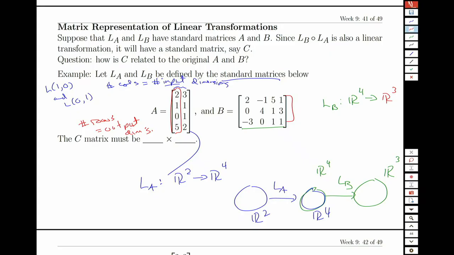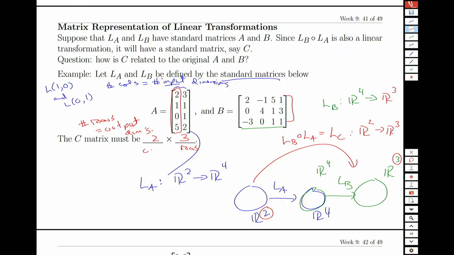However, I can then see what the matrix of LB following LA is, which we're going to call transform C. It's going to be from R2 to R3. That maps from R2 all the way to R3 at the end in one step. And that means our C matrix has to have 3 rows, and it has 2-dimensional inputs.